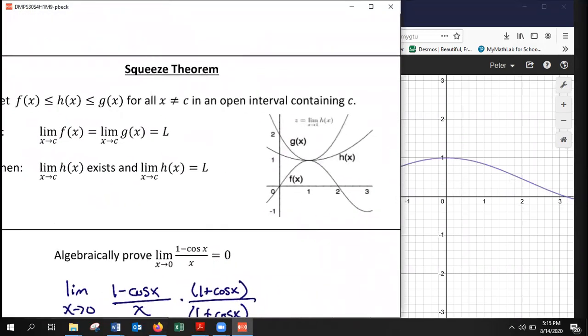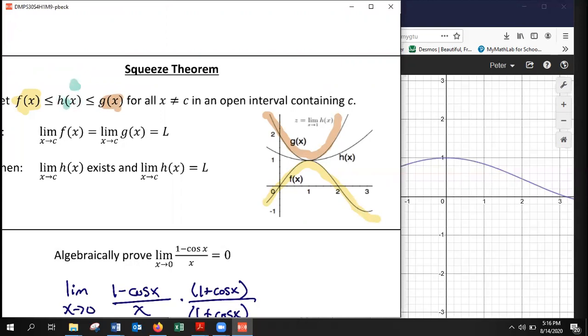The idea behind the squeeze theorem, we use colors. Suppose I have a function, which I'm going to call f. I have another function that I'm going to call g. And with that in mind, I want to know what the limit of h is.